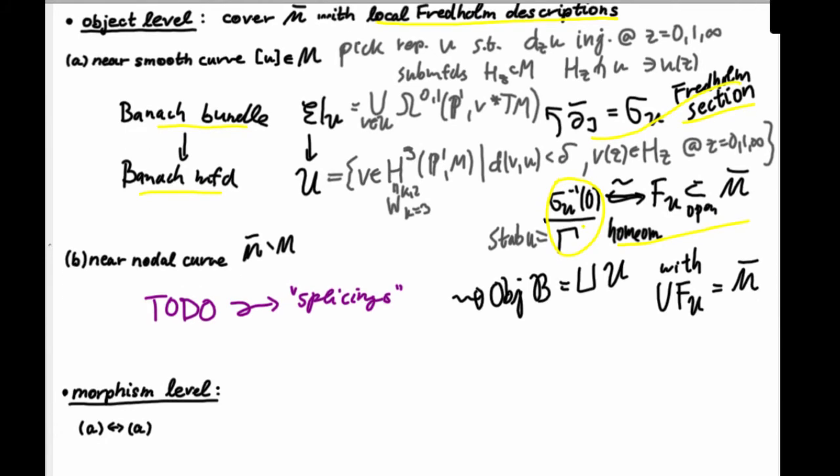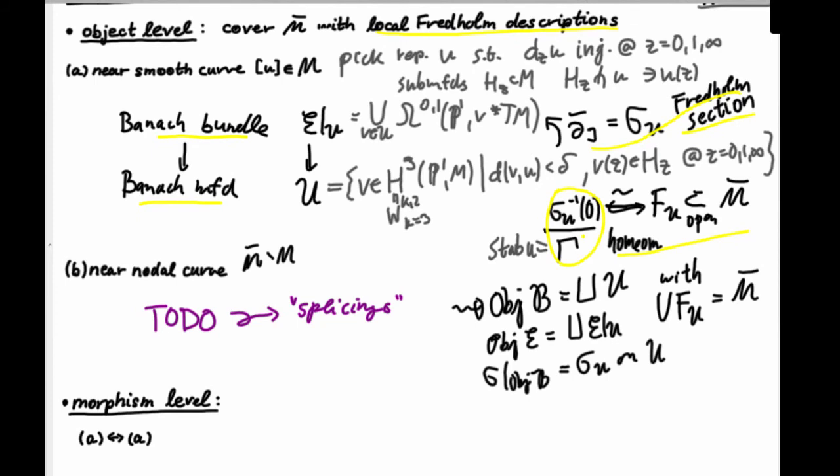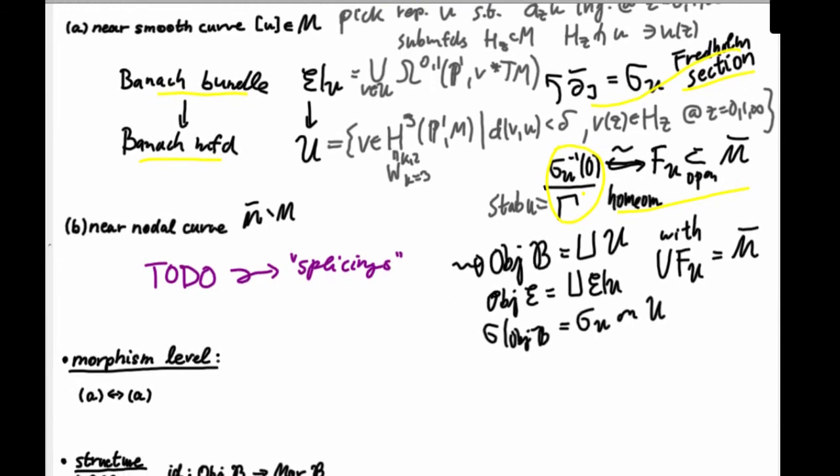And with that, once you know what these objects are, objects of E will then clearly be the disjoint union of all these bundles E on U, and the section on object level will simply be all these sections here on the components U. So once you have the Fredholm descriptions, you're getting the object level of your categories and your sections for free. That determines them.